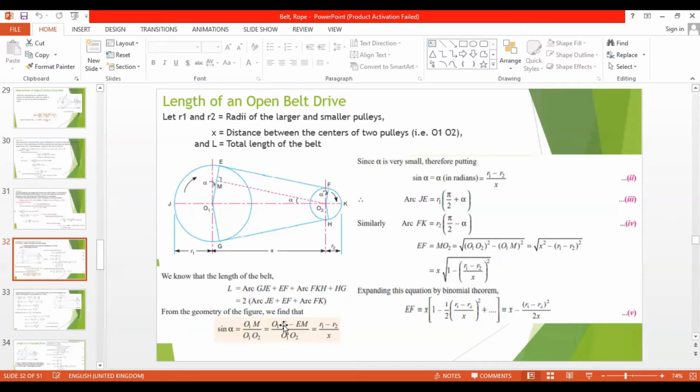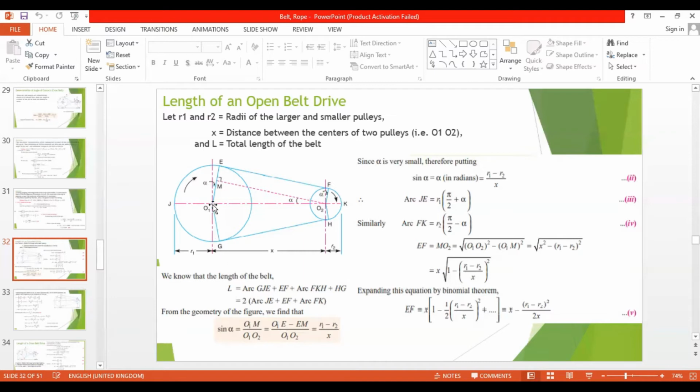From the geometry, we have already found sine alpha. How to find sine alpha? Sine alpha is equal to O1M upon O1O2.